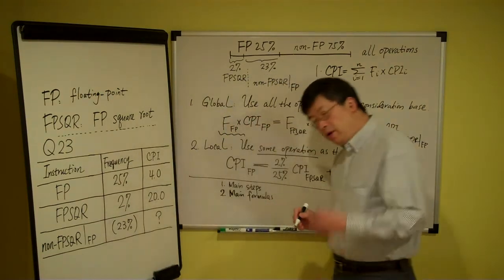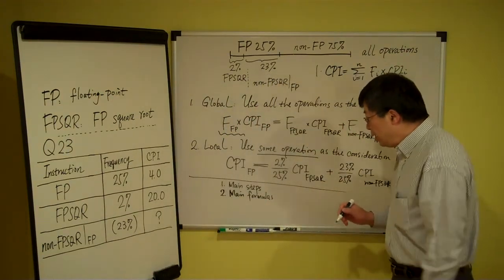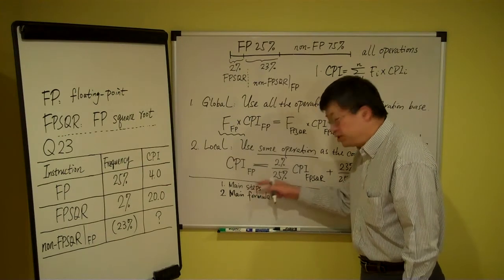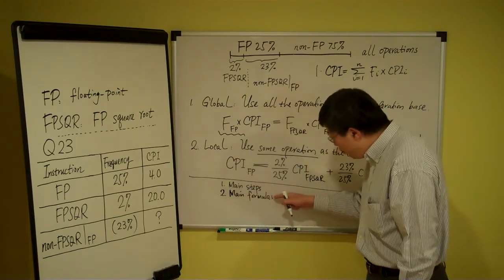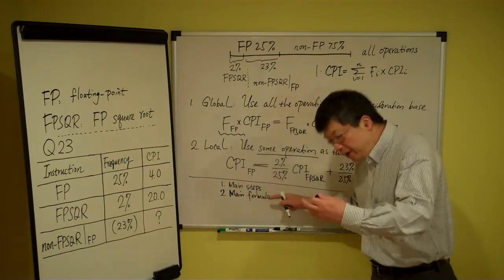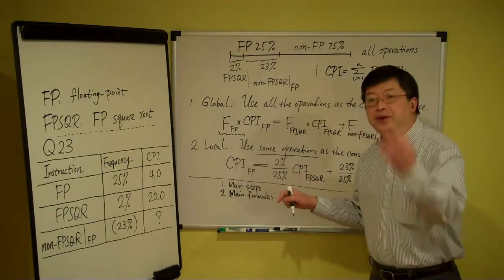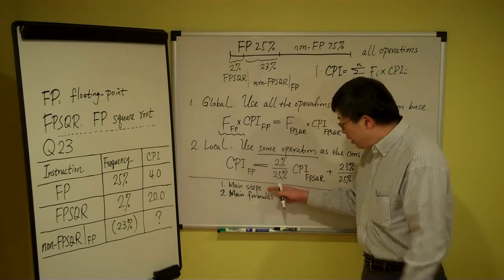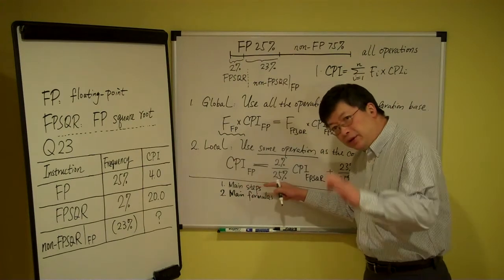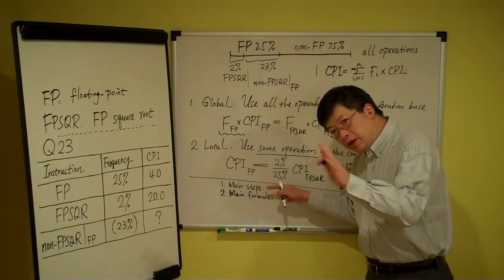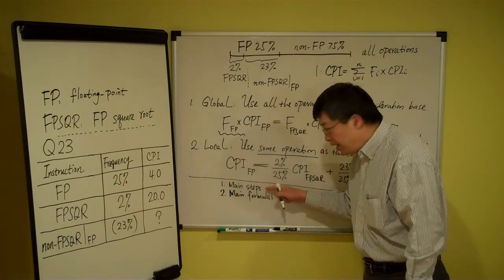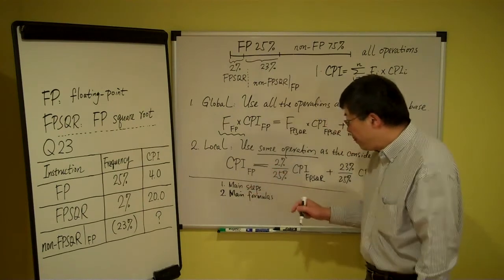So what formulas do you use? Sometimes they may be the same, because the main formulas could reflect your main steps. So that's okay. But sometimes you may need to write a few sentences to explain your ideas.